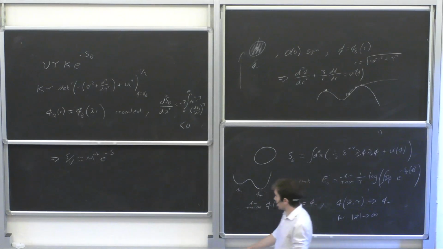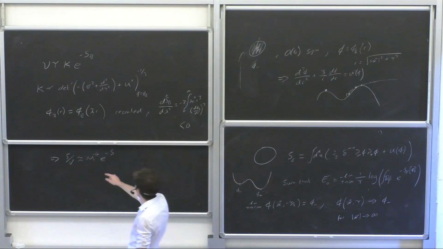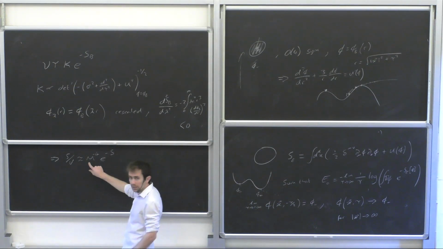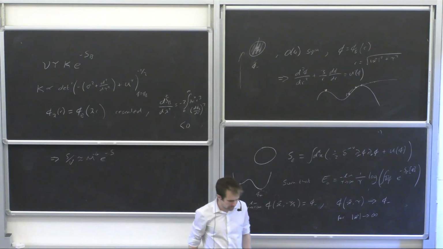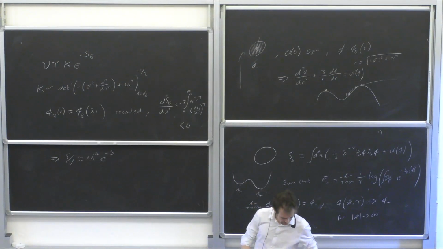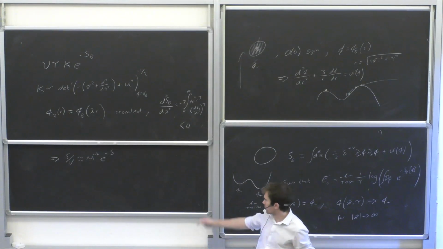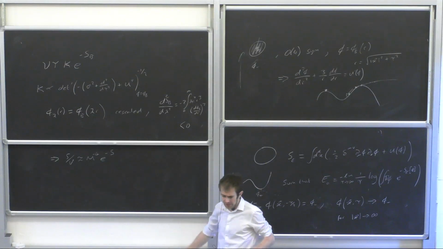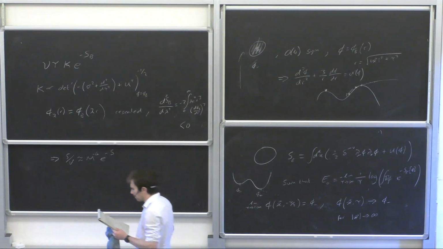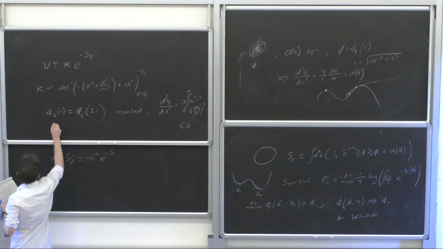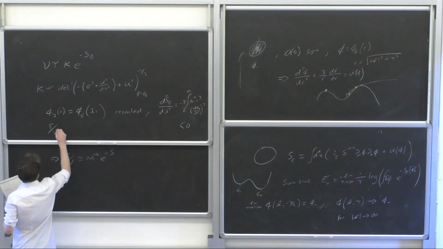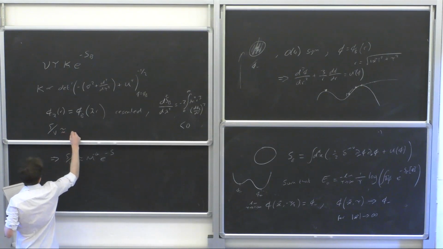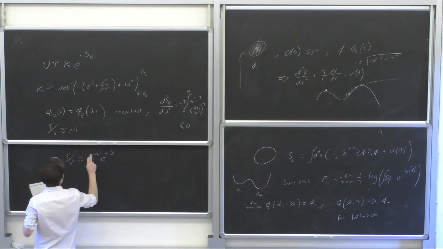If you really wanted to do a precise calculation, you'd have to work quite a bit harder to really pin down what this factor is. As we'll see for cosmological phase transitions, usually actually it's the exponential that's the key thing. Sorry, that should be M to the 4.